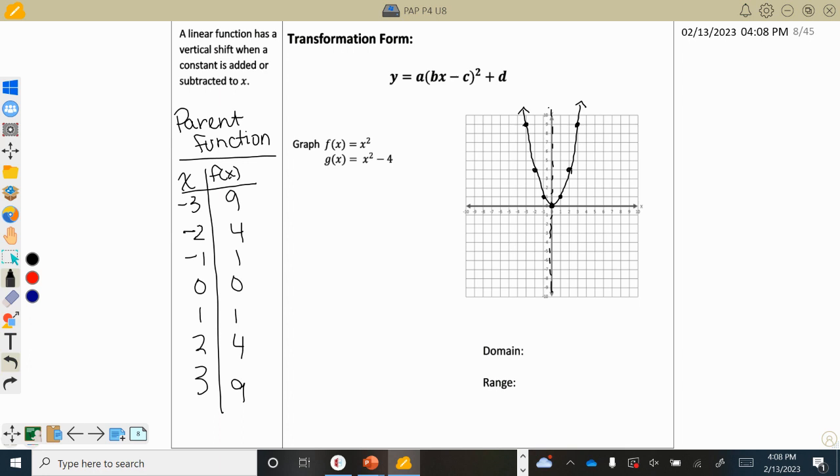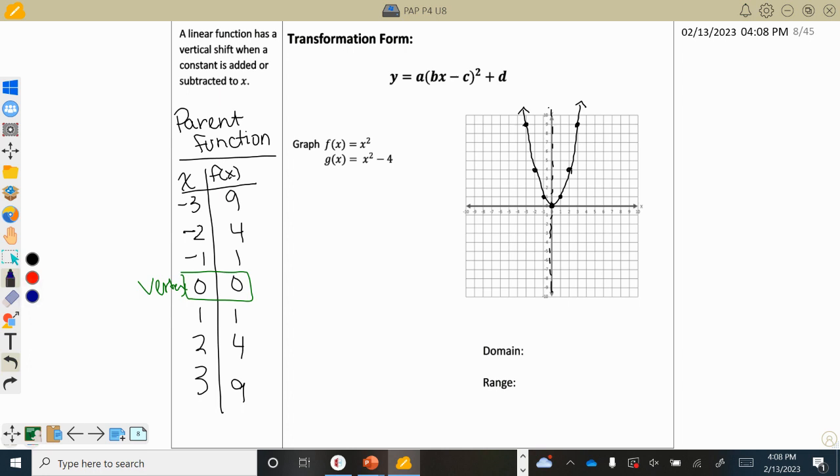Now, there's some patterns here that we want to talk about. A very important pattern that we want to talk about real quick on a parent function. If we look at the change in our y values, first of all, here's my vertex here at 0, 0.